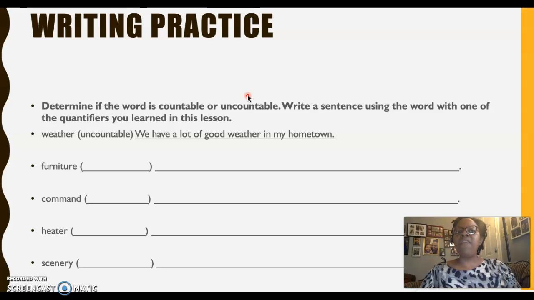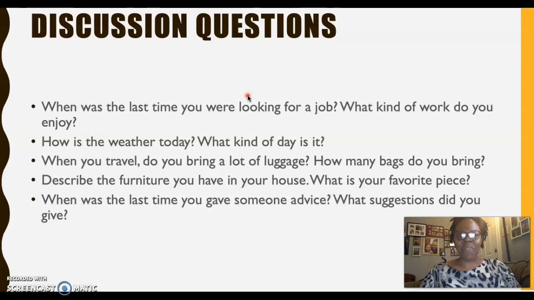You're going to determine if the word is countable or uncountable, and then write a sentence using the quantifiers that you learned in this lesson. And last, I want you to discuss some questions with someone. And you will be practicing using these quantifiers and using countable and uncountable nouns.